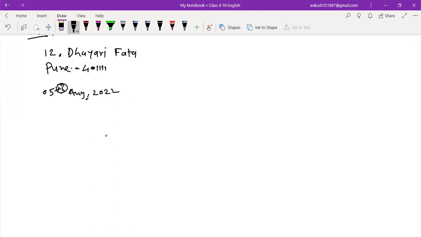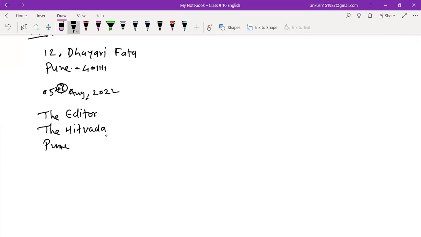Yes. Okay. The next thing is the receiver's address. The editor. To whom are you writing? The Hitwada. Right. And you are writing to the editor who will be sitting in Pune only.